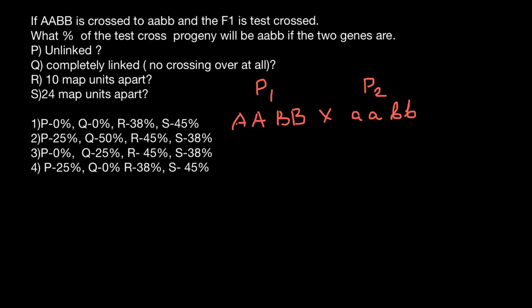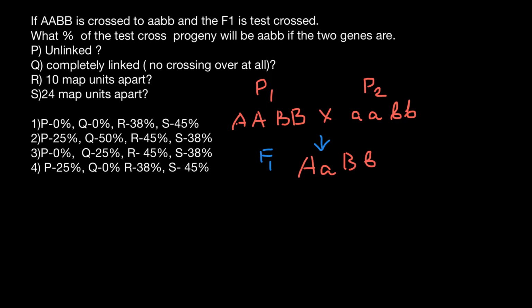I believe 100% of you know that this is going to result in an F1 generation that is capital A small a and capital B small b.